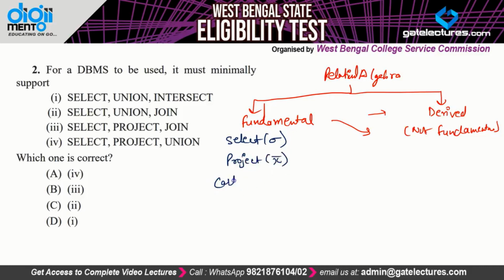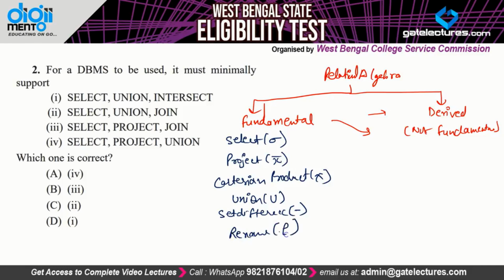Next is Cartesian product, which is represented by X. Next is union, which is represented by U. Next is set difference, which is represented by the minus sign. And the last one is rename, which is represented like this.